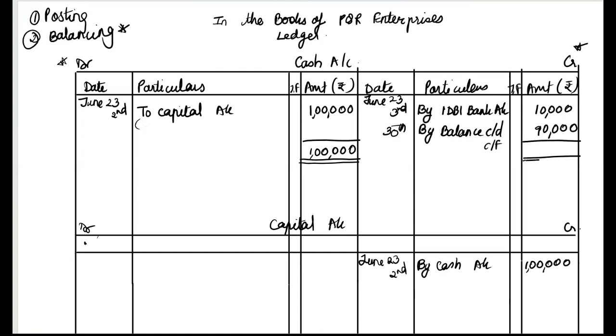Closing of the ledger account means I'm basically writing both sides as 1 lakh each and putting the balance on the side which is less. Now this doesn't end the balancing sequence. What I have to do next, this balance is still there, 90,000.